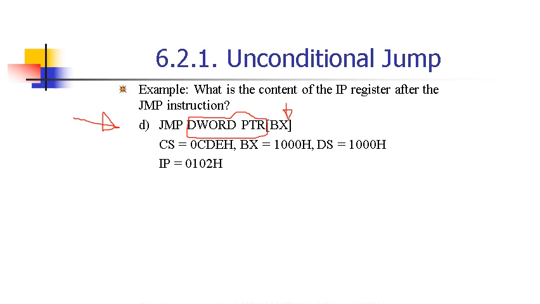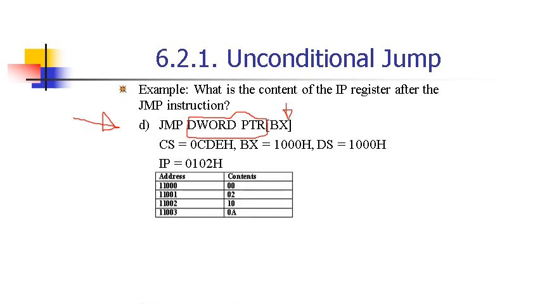Here are the values of your CS and IP. You check your memory. This is the highest byte in your memory, 0A, and the next lower address is 10. So you take 0A10 and place it in your CS, and instead of 0CDE, your CS will now be 0A10, which means you are accessing a new code memory segment.